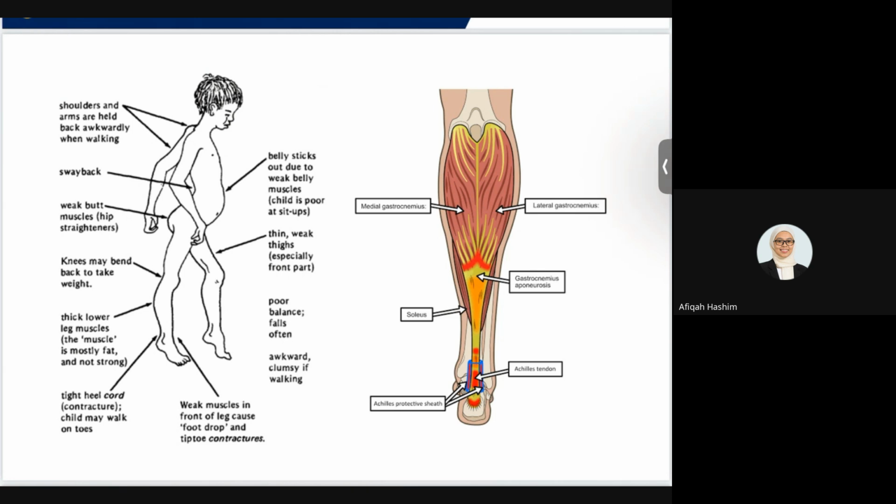These muscles are responsible for lifting the foot upward. So remember the muscles: tibialis anterior, extensor hallucis longus, extensor digitorum longus. They are responsible to lift the foot up, or the movement called dorsiflexion.